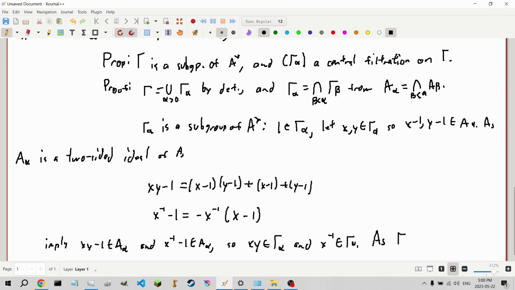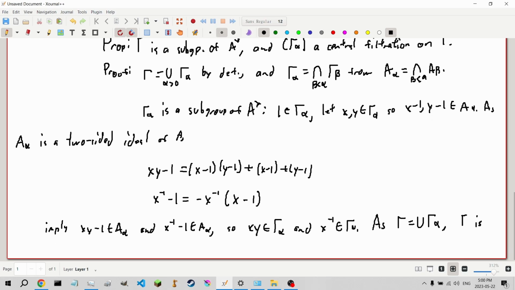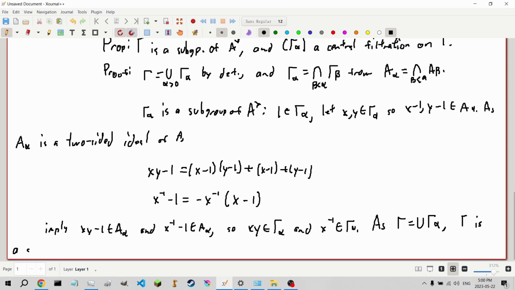If you recall, gamma is the union of positive gamma alphas. Gamma is a subgroup of A star.